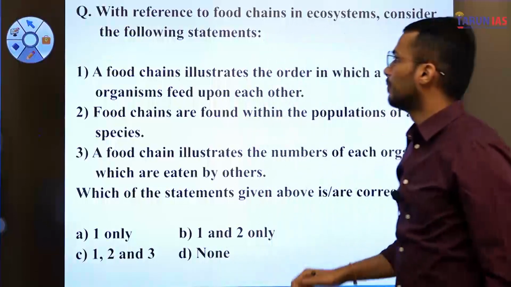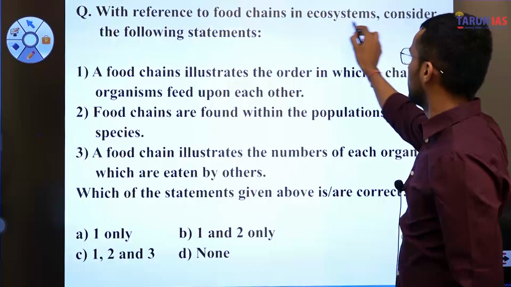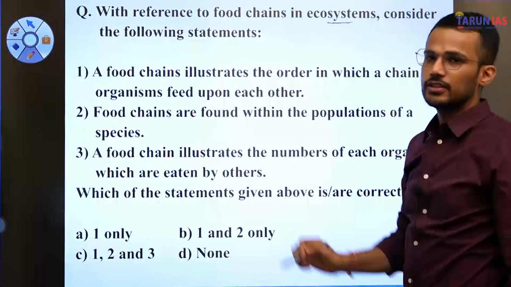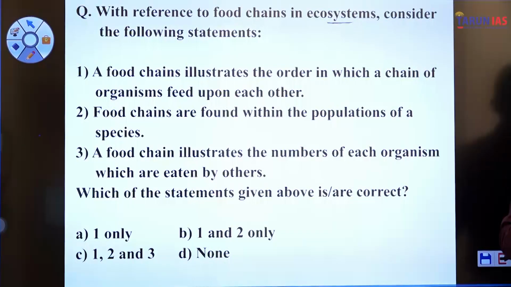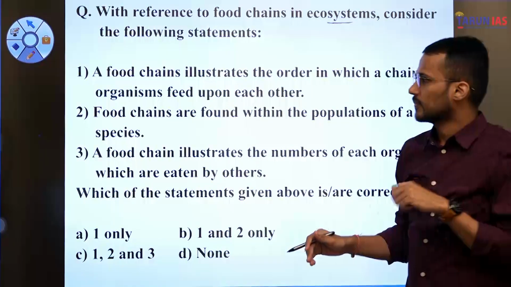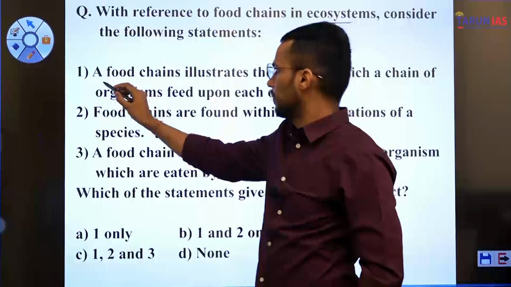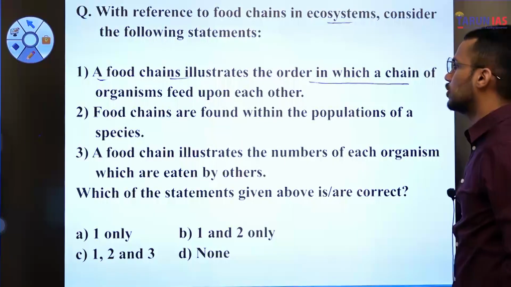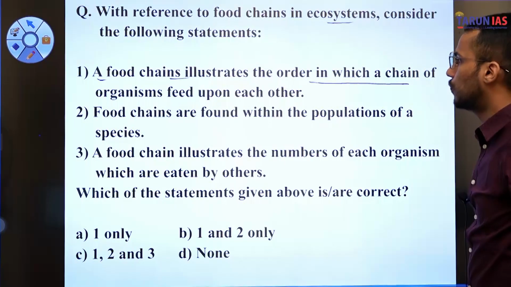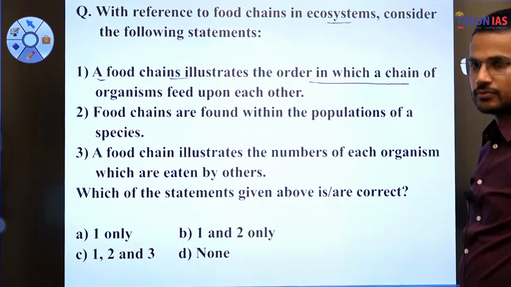Next question is, with reference to food chains in an ecosystem, consider the following statements. So the question is again about food chains. Statements are: first, a food chain illustrates the order in which a chain of organisms feed upon each other.